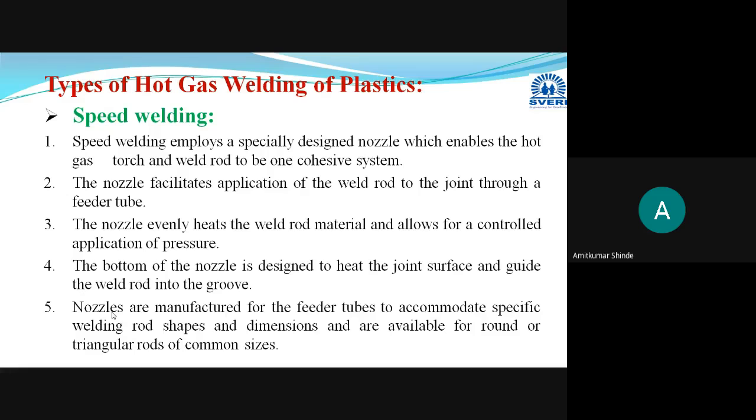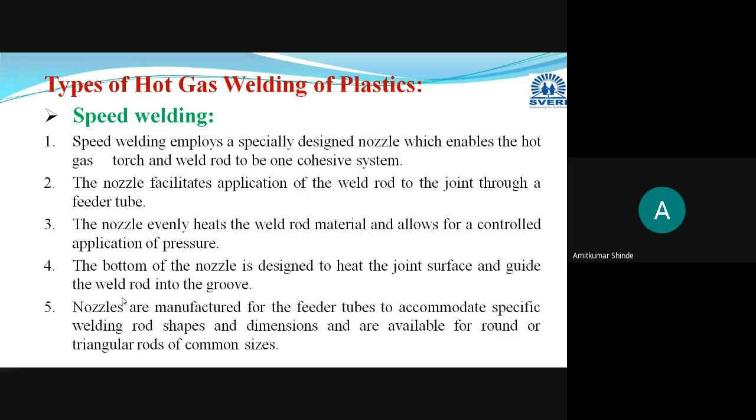Just remember that in hand welding, the operator holds the weld rod and torch in hand, and whichever pressure is required can be applied with the help of the welding rod. And in speed welding, the nozzle is arranged in such a way that a separate gas torch is provided and a separate feeder tube is there.